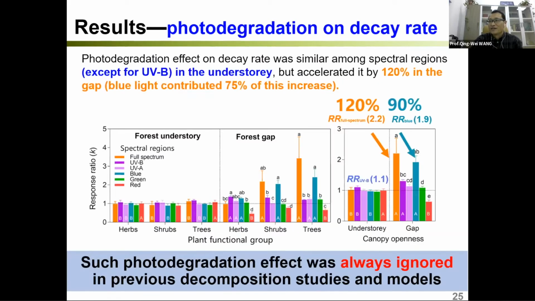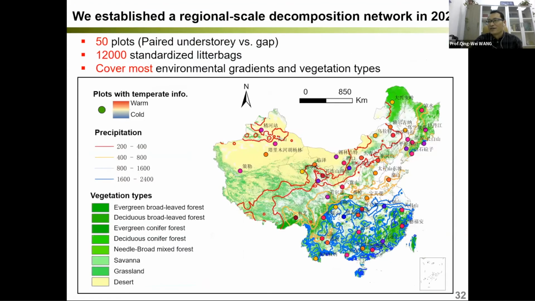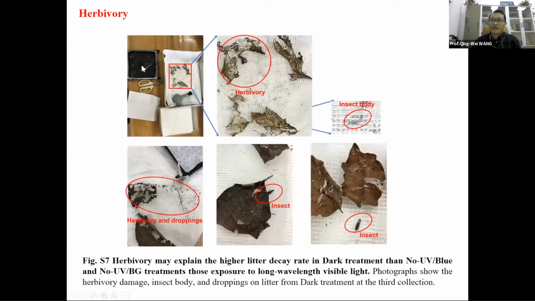I have an image at the end of the slide. Here is a dark treatment litterbox. You can see here many mites and dropping insect bodies. So we guess the soil animals or larger fauna prefer the dark condition, a hotter and high humidity condition. So they want to find some place as a home, for example.